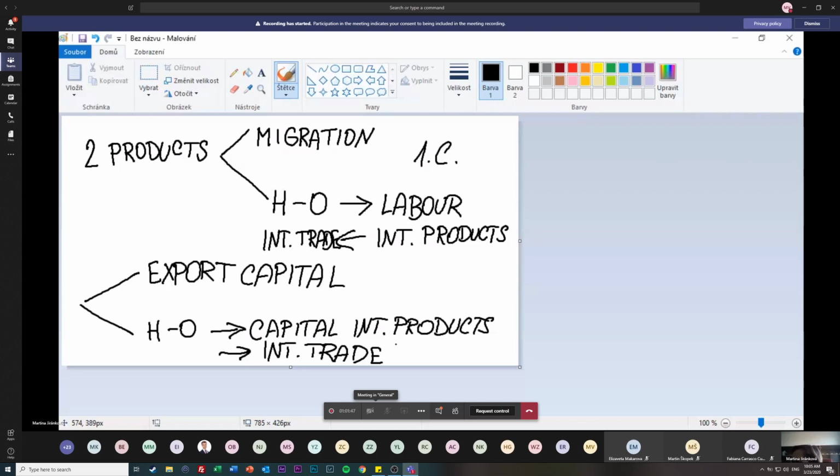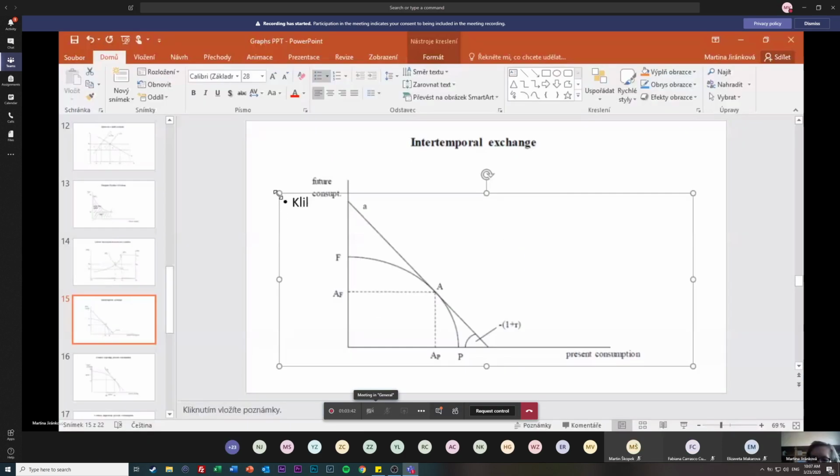So I would like you to draw a chart now. You can see here just the production possibility frontier, but now there are differences. Please draw a chart like what you can see here, but it's very clear.